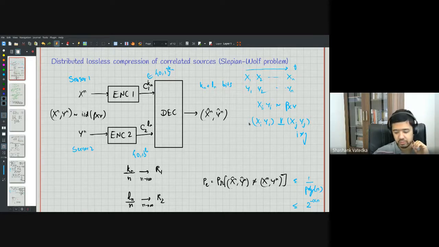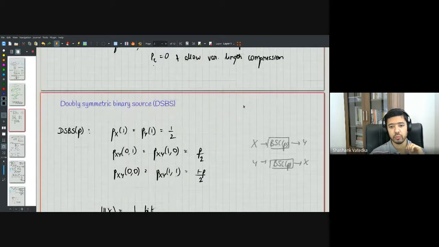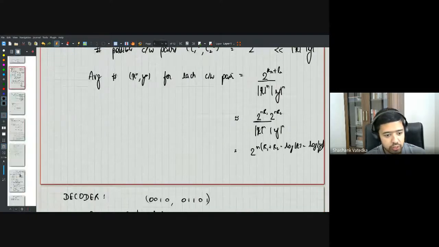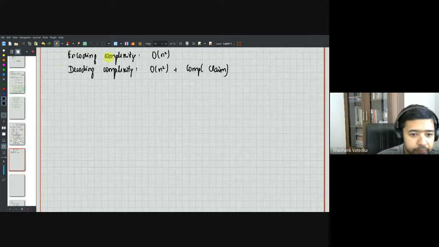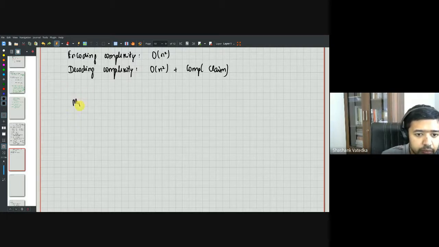There are versions of this known. For example, one version that has been studied is called the multiple descriptions problem. It's more well studied in the lossy compression setting.